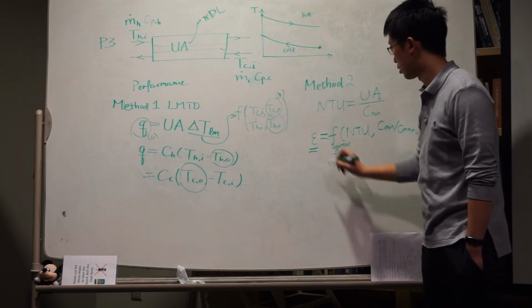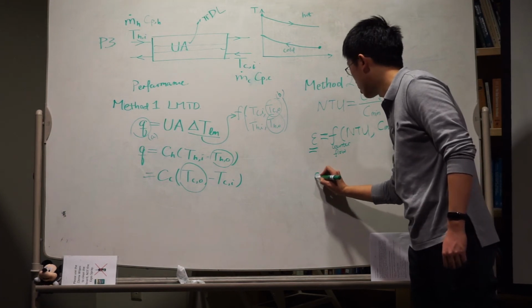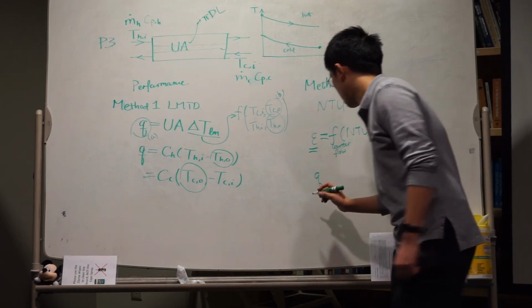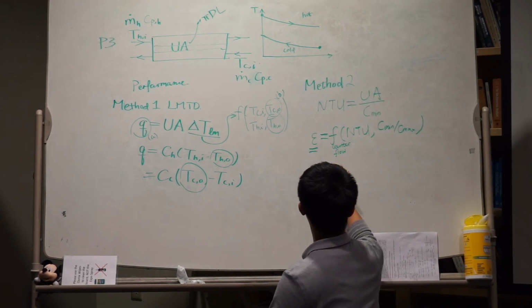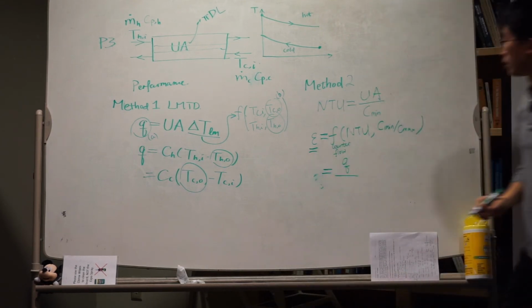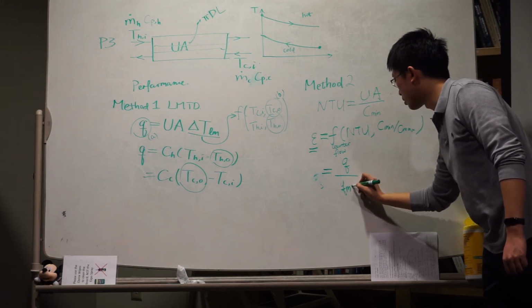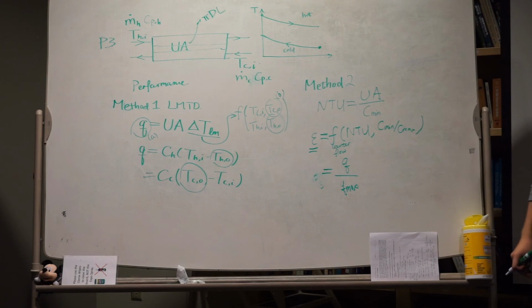Now we have this epsilon. And epsilon, by definition, is the actual heat transfer rate divided by the maximum possible heat transfer rate.